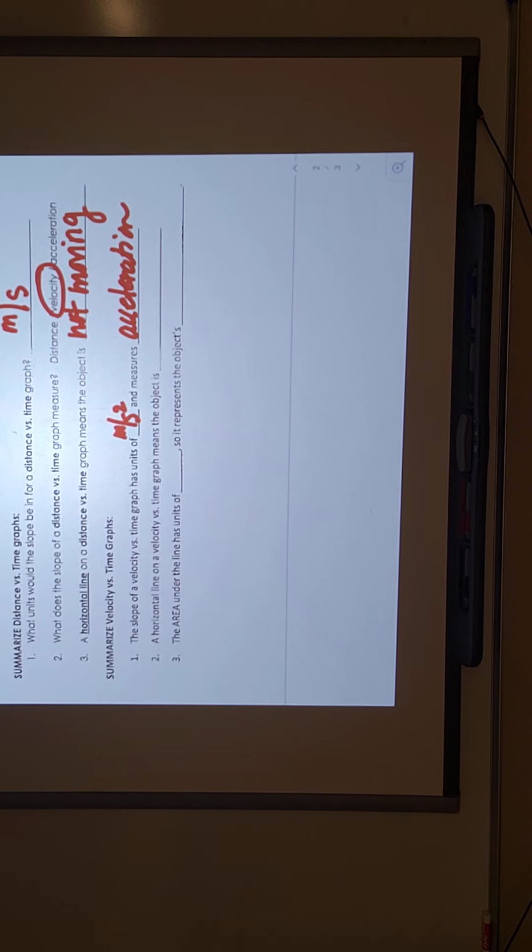A horizontal, flat line on a velocity versus time graph means that the object is moving at a constant speed or constant velocity. We use speed and velocity pretty much interchangeably. And finally, the area, when you multiply, that's when you take velocity times time. They cancel out. You're left with units of meters, so it represents distance.